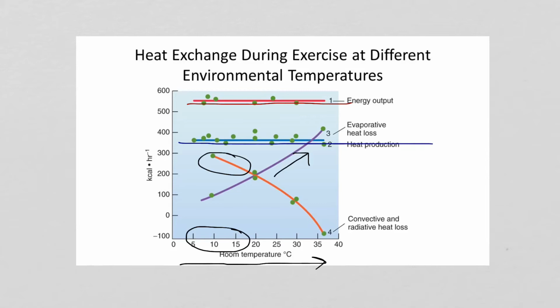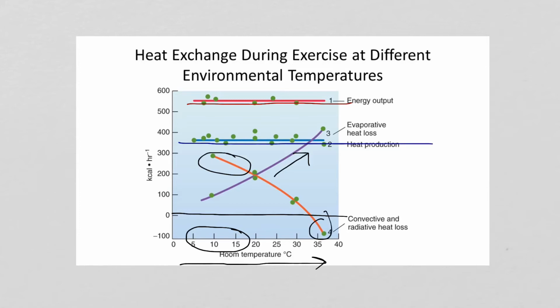In fact, there's an interesting point to be made at these high temperatures, the one that's at 37 degrees. Go back to your y-axis and look at the kcals per hour. This is heat exchange, right? Well, at 0, which is here, that would be no heat exchange with the environment. And notice that at high temperatures above 35 degrees, we're below the 0.